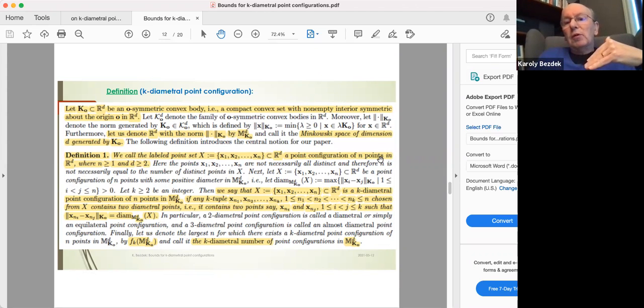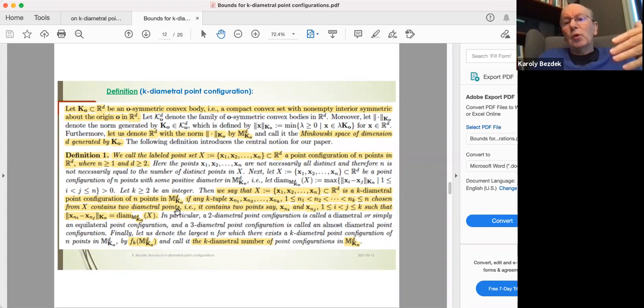So a point configuration here is a point set with points having some multiplicities, and the sum of the multiplicities is n. So whenever we talk about a point configuration of n points, we should keep in mind that the points need not be distinct. And they lie in this case in a d-dimensional Minkowski space.